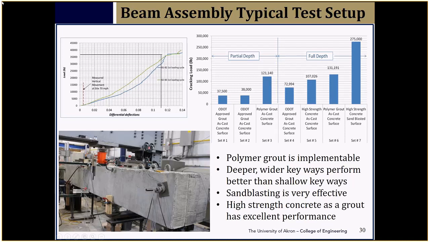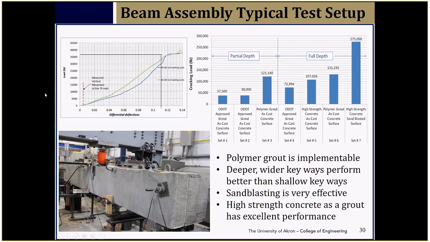At the time these tests were conducted, our SMEs and our research team felt that polymer grout is implementable because it mixes well and it can be placed without difficulty.